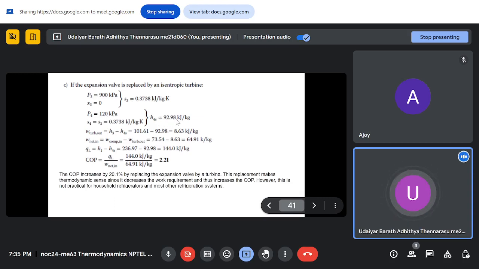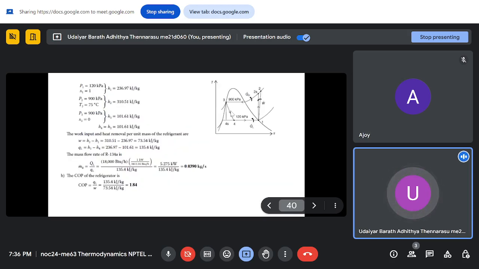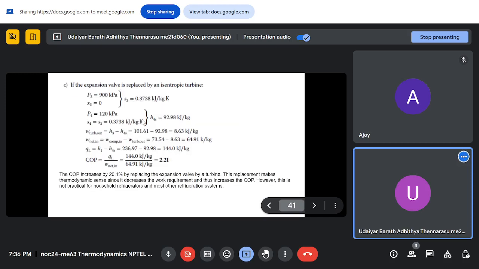We can find the dryness fraction first, or follow a TS chart, or find the enthalpy straight away by following the constant entropy line. Following that, the enthalpy at state 4 is 92.98 kilojoule per kg.